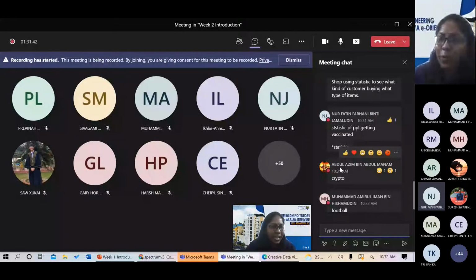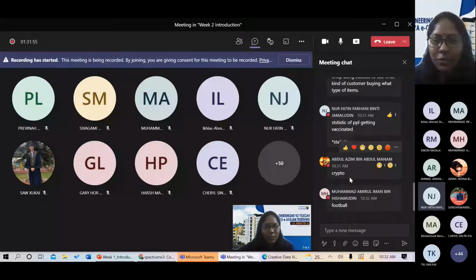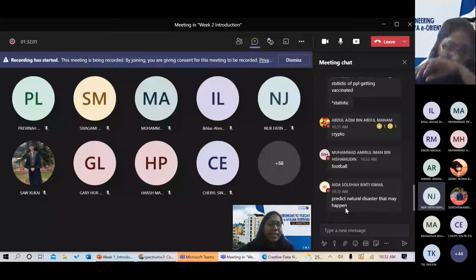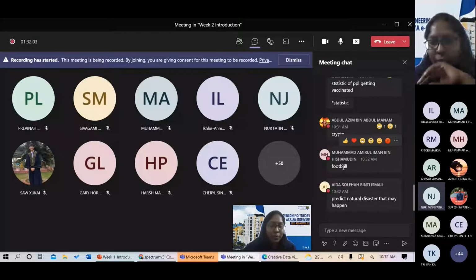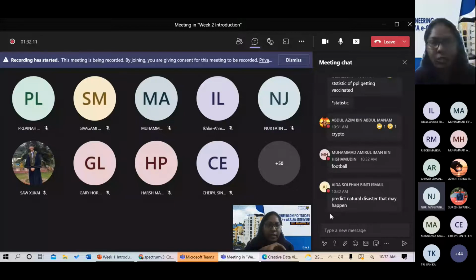Cryptocurrency, yes. If someone invested during the MCO, I believe you made a lot by now. Football, yes, is for you to predict what can happen, and then predict natural disasters that can happen. Yes, these are the applications of statistics.